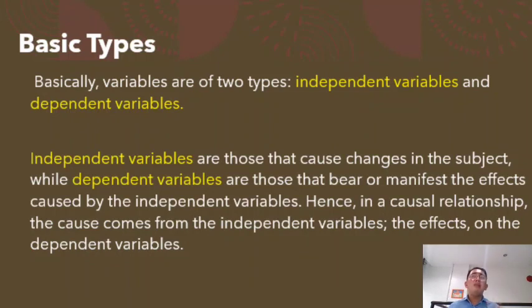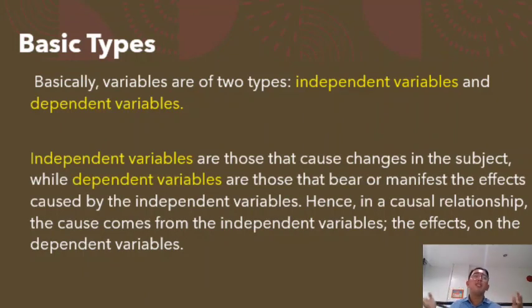Independent variables are those that cause changes in the subject, right? Kumbaga, this could actually be the control group, okay? While dependent variables are those that bear or manifest the effects caused by the independent variables.